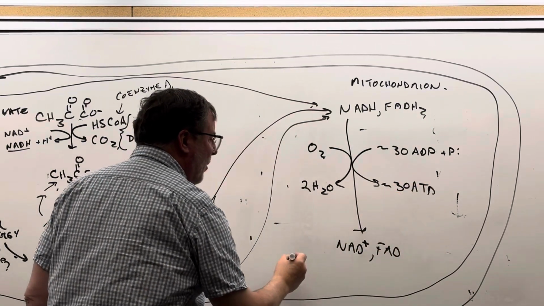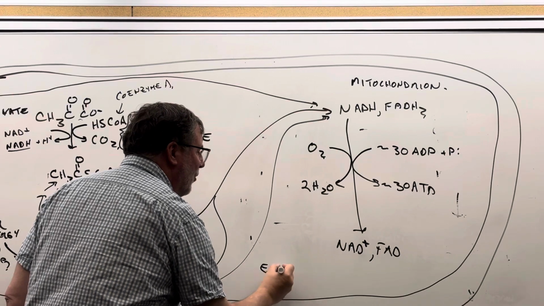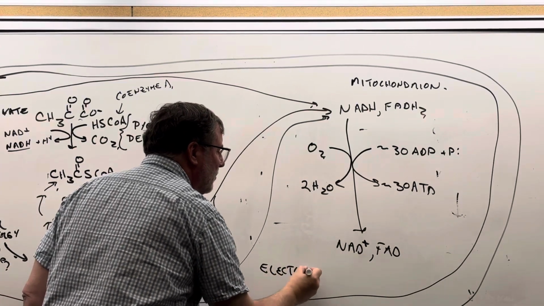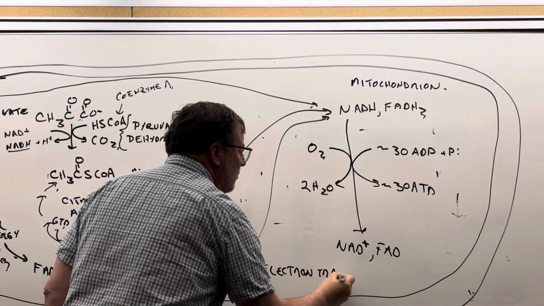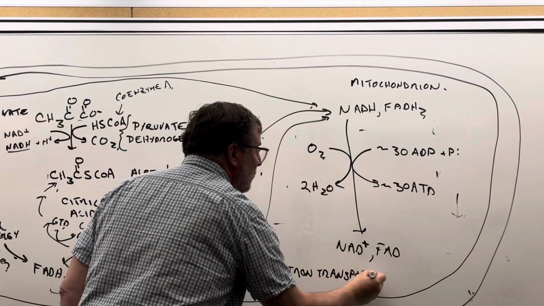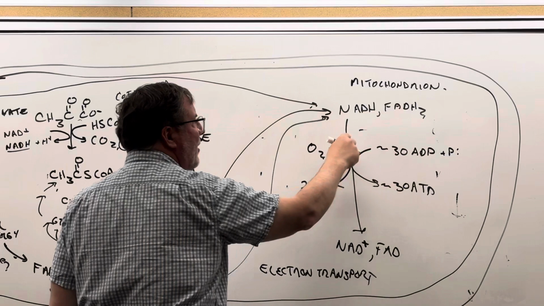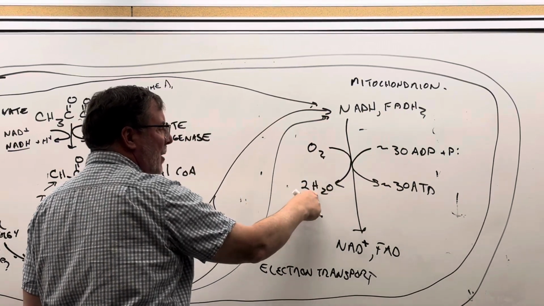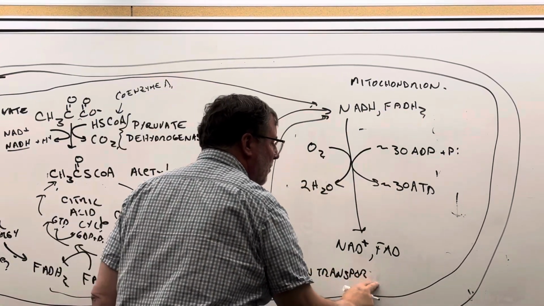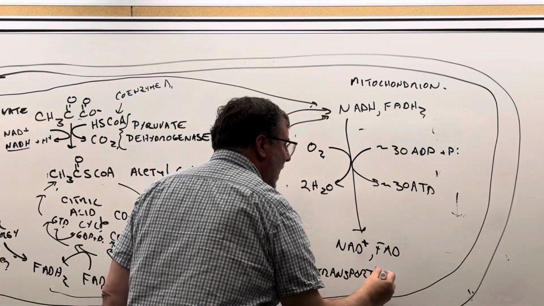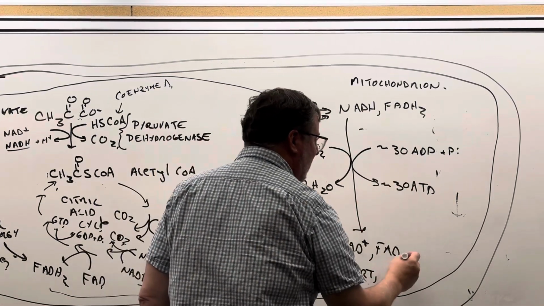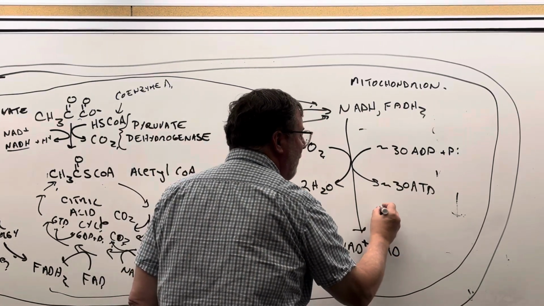So this whole process down here is electron transport. We're transporting the electrons from NADH and FADH2 to oxygen to make water. And this and oxidative phosphorylation.